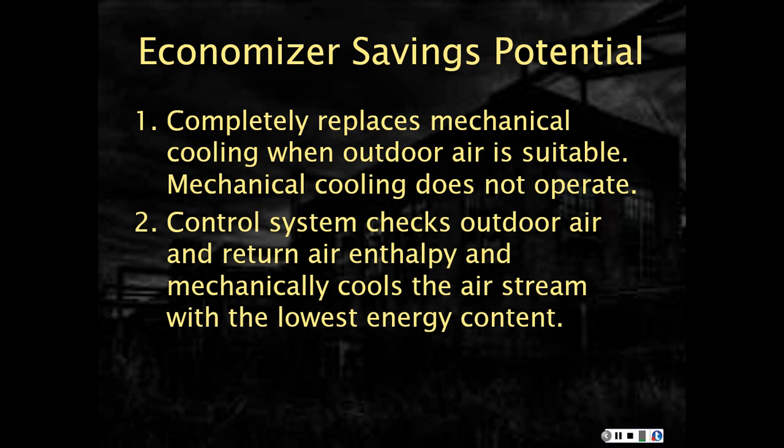So if you have something going on internally in the building where there's a high amount of energy being dumped into the airstream, frequently the outdoor air, even though you would normally look at it and say, wow, that's too hot to use for economizer, it still may be less energy intensive than the air that you're trying to get rid of out of the building. Again, if you're checking enthalpy of both airstreams, it may be more beneficial to mechanically cool the outdoor air than the return air, depending on what was dumped into it from the space.